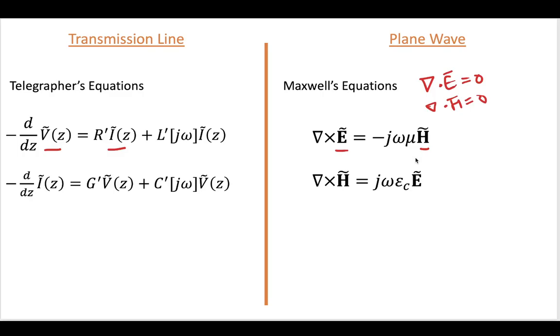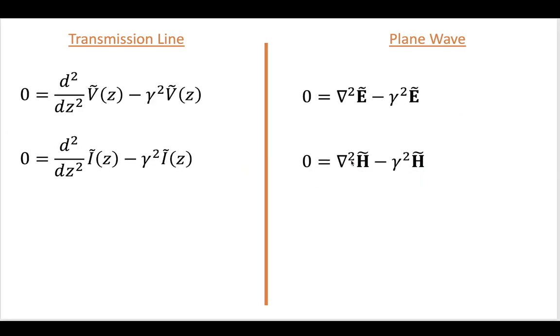From these two equations, we do some substitution using these two equations simultaneously, so that we can get to these wave equations, where we arrive at a single equation that's only E or only H, and likewise only V or only I. That's the point of getting to this wave equation.